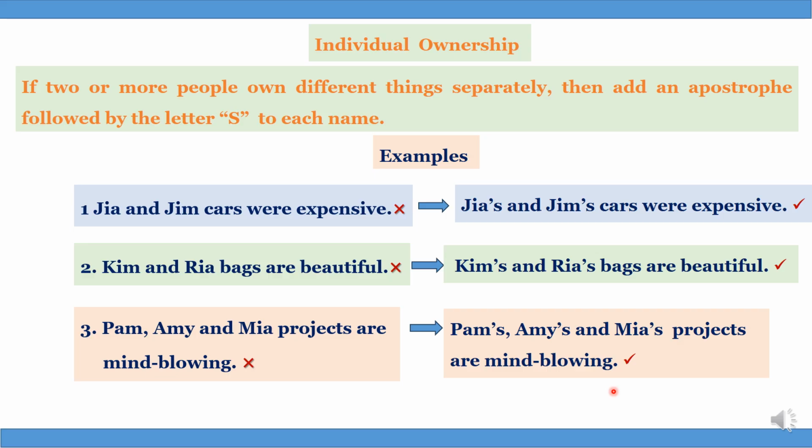Okay, see, whenever there is an individual ownership, we need to add an apostrophe and letter S to each name. But whenever there is a joint ownership, in such cases we need to add an apostrophe and letter S to the last name only.